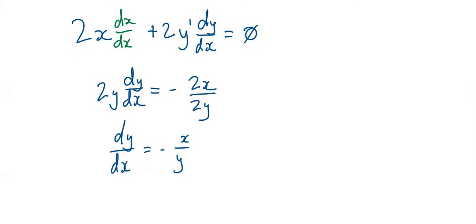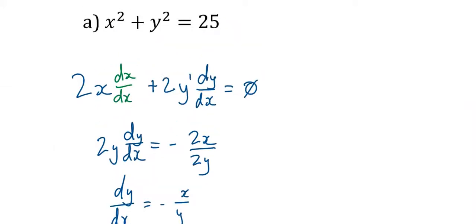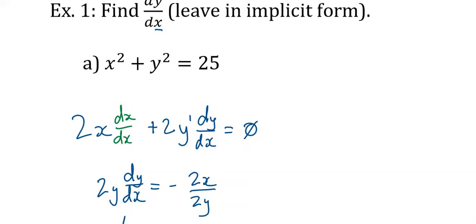The question says leave an implicit form, and I think all the examples we're going to do today are going to look like that, but throughout the course they won't always. Sometimes, like this one, you can't isolate nicely for y. You would get a plus minus. But sometimes you can isolate for y. And if I could isolate for y, I could take y and sub it in for y.